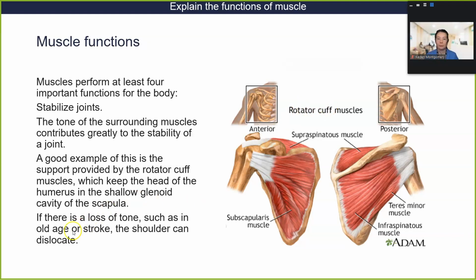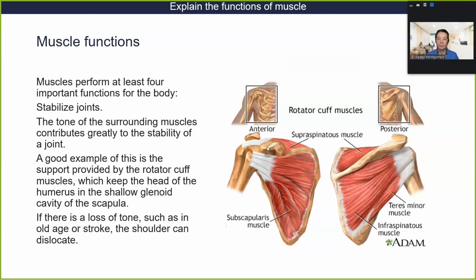Now, if you had a shoulder injury or there's something wrong with these muscles, then the humerus can pop out, and that's called a shoulder dislocation. Yeah? So if these muscles are too relaxed or there's something wrong with the connections or something's happened, this scapula can come off, and also this will not support the humerus, so the humerus can actually pop out.